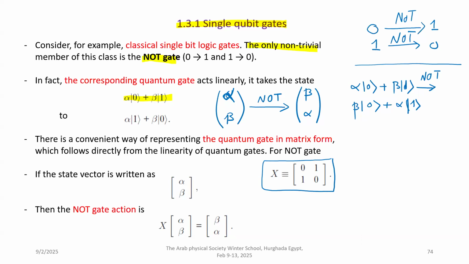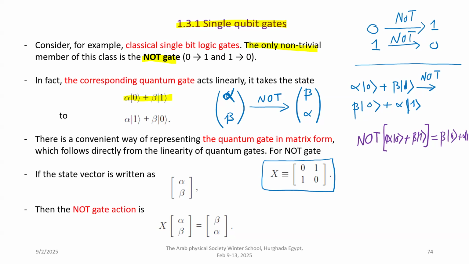You can think of it as applying the NOT to the state alpha 0 plus beta 1, and what you get at the end is beta 0 plus alpha 1.